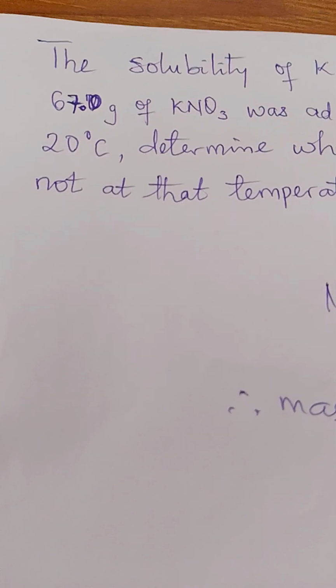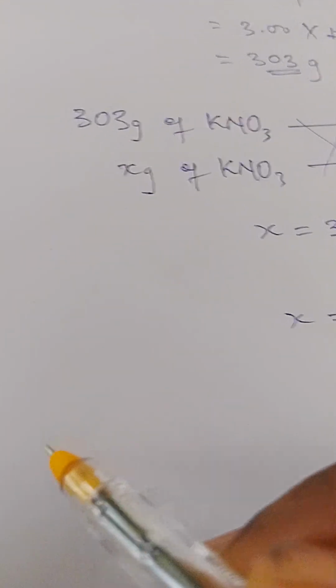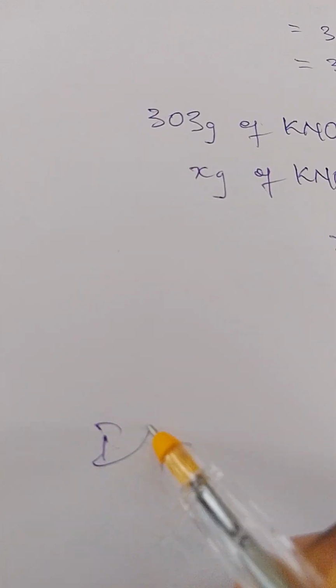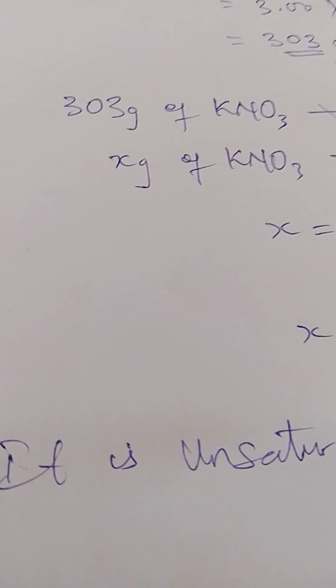And if they are using 67, that means the solution can still contain more solute. When the solution can contain more solute, we say it is an unsaturated solution. So based on this, it is unsaturated. I don't know if you understand what I said.